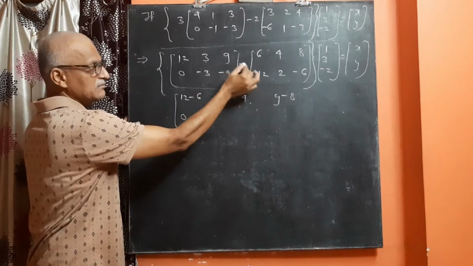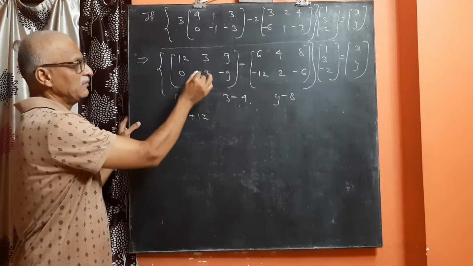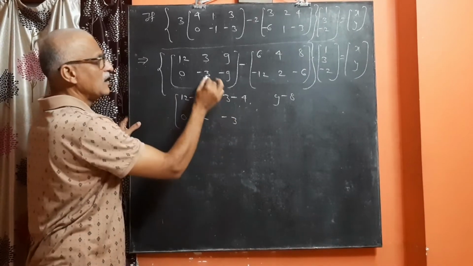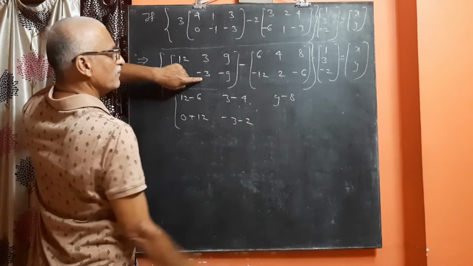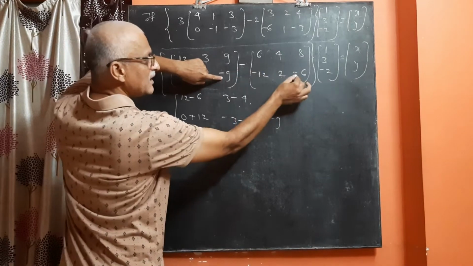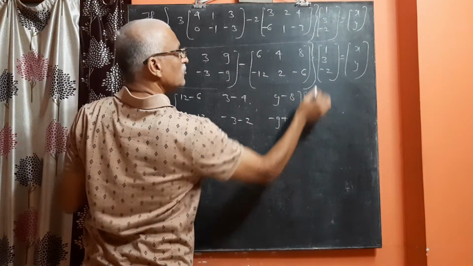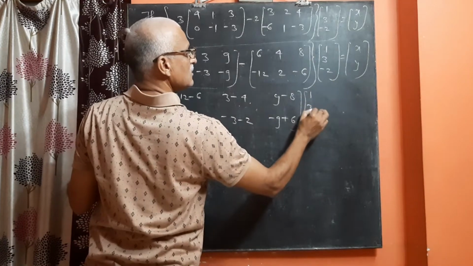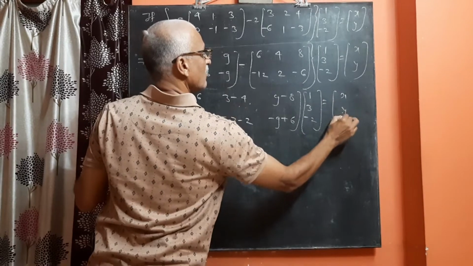minus of minus, minus minus plus, plus 12, minus 3 minus 3 minus 2, then minus 9 minus of minus that is plus 6 into column matrix 1 3 minus 2 is equals to x and y.